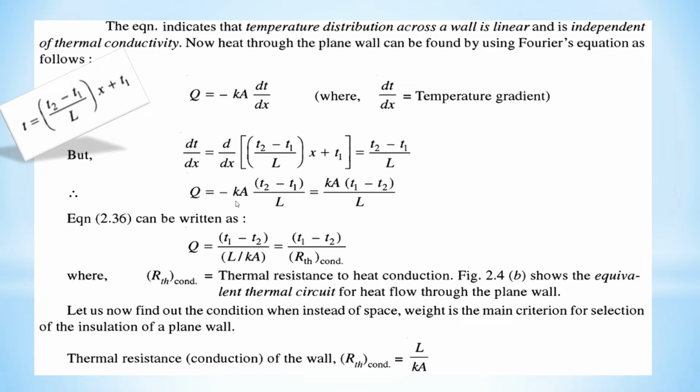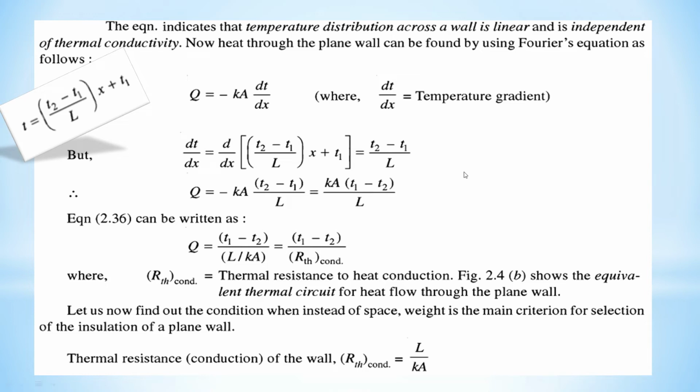So Q equal to minus KA T2 minus T1 divided by L, and here you can see that this is a minus term, and whenever we rearrange the temperature, here also a minus term is there, so minus minus plus. So Q equal to KA T1 minus T2 instead of T2 minus T1, divided by L. But as we know, whenever we compare the thermal circuit with the electrical circuit, current will flow due to voltage difference, and there is an electrical resistance.